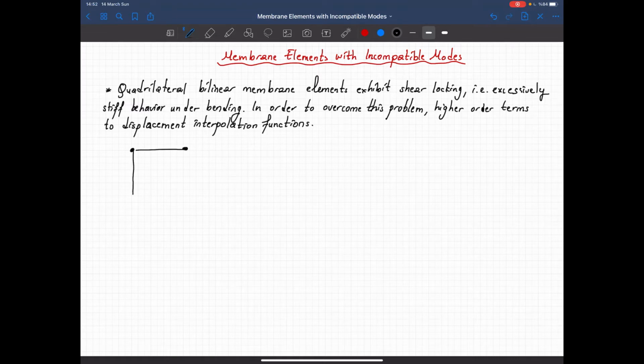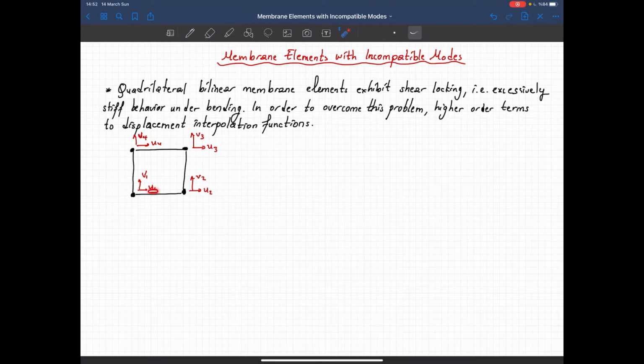Now I want to do it for a 4-node quadrilateral element. And remember that at every node we have 2 degrees of freedom. Let's draw that. U1, V1, U2, V2, U3, V3, U4, V4.